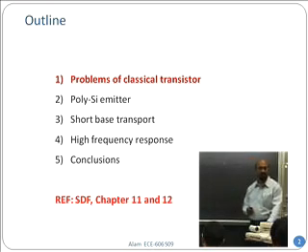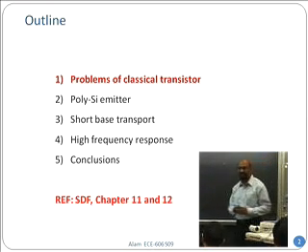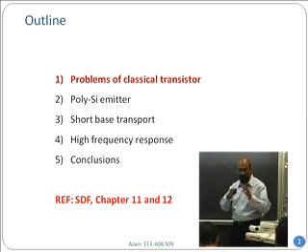This classical transistor had a good run, but starting from early 1980s, this classical transistor ran out of steam, and subsequently a series of new innovations came along. One had to do with polysilicon emitter, replacing the emitter instead of having silicon, which is single crystalline, having multiple crystals of polysilicon and polycrystals of silicon.